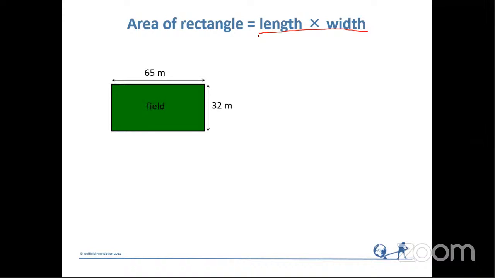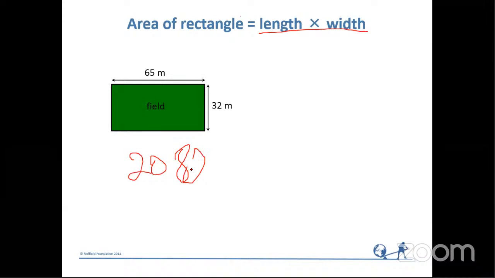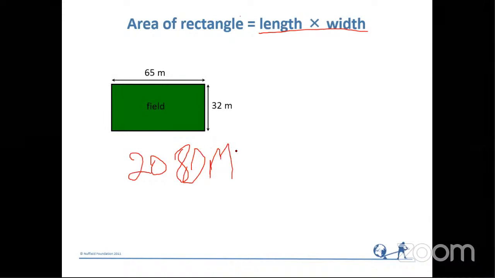So can each one of us get the answer for the area of this figure? Meters squared. 2080 meters squared. That is one answer. Another one?